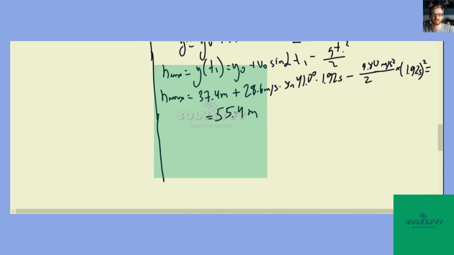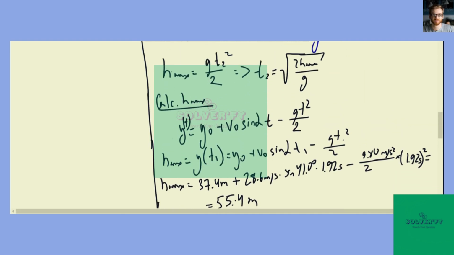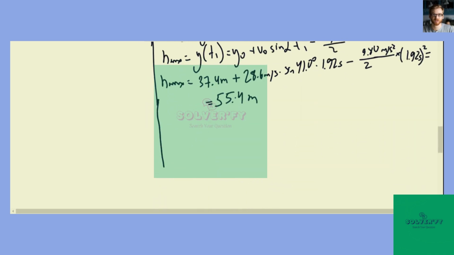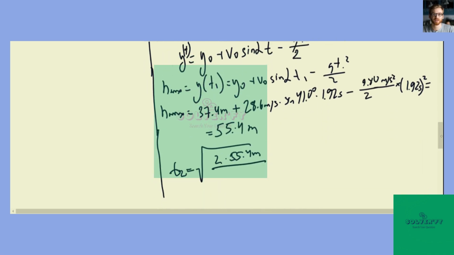And now let's calculate t2. So t2 equals the square root of 2 h maximum divided by g.